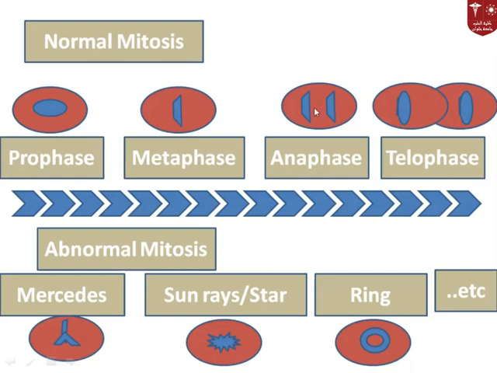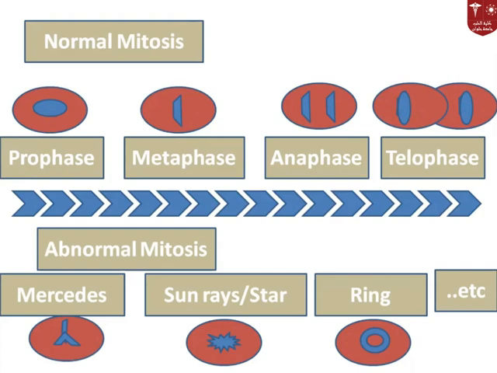These stages can be seen under the microscope by microscopic examination. However, in normal tissue, these phases are seen in fewer numbers because the rate of growth is slow. In benign tumors, we can see stages of normal mitosis, but in few numbers because the rate of growth is slow.